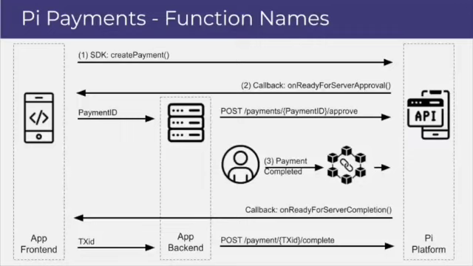And when we get to the next event that the developer needs to handle, which is onReadyForServerCompletion, this callback is called by the app platform with a TXID that we then have to send to our backend as a developer and gets posted to the REST API endpoint called payment/TXID/complete. That's it on the tech stuff, or on the specific implementation details.